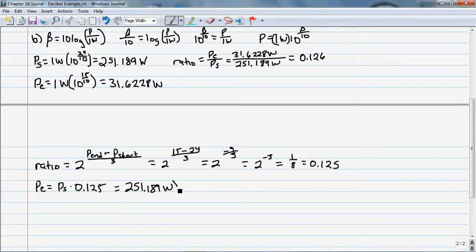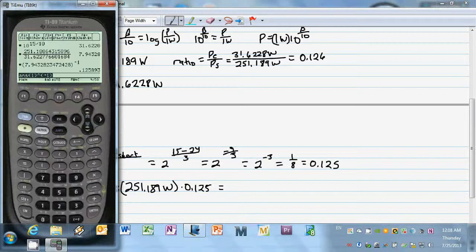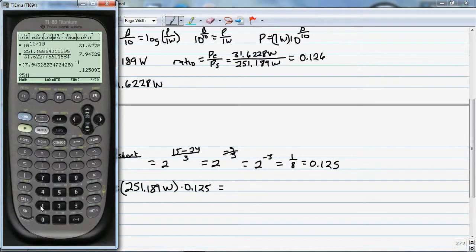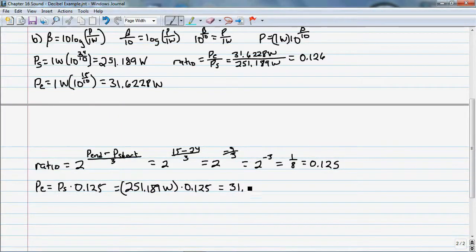So that's 251.189 watts times 0.125, and that equals 31.399 watts.